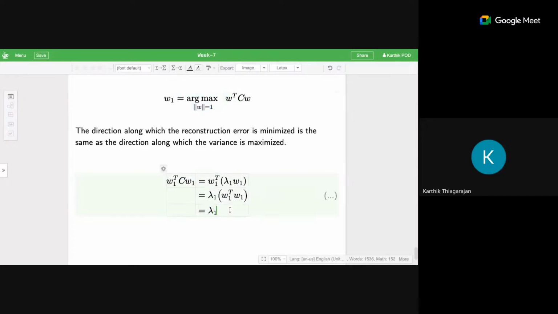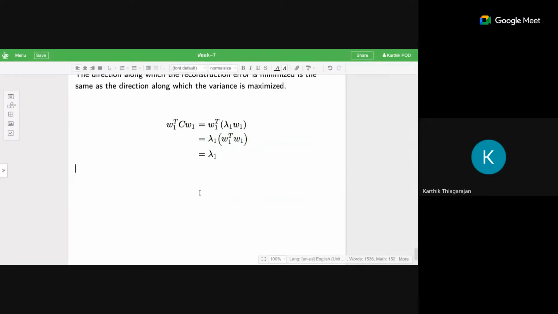Okay. Therefore, this is a very nice result. The value W1 transpose CW1 is nothing but the variance of the data set along the first principal component.